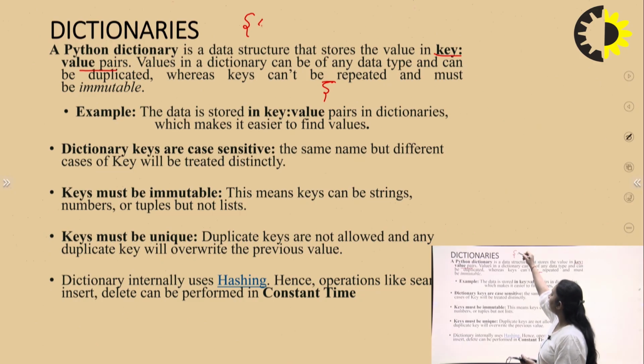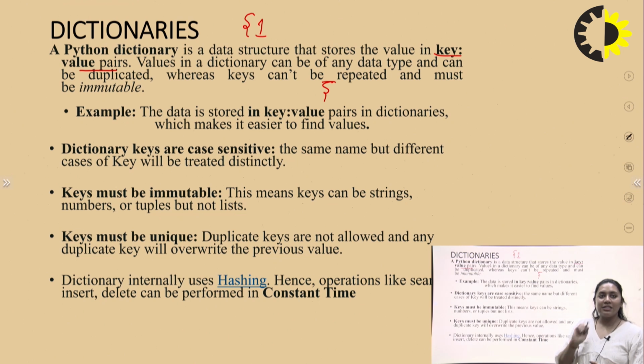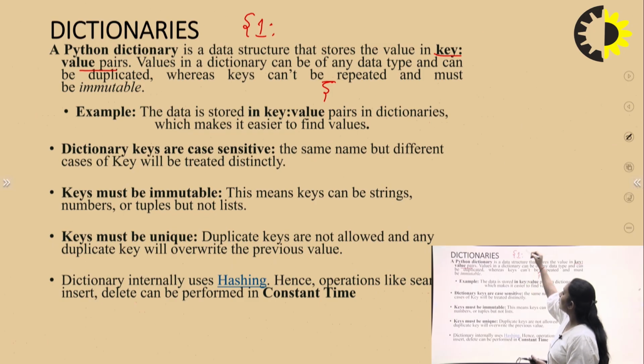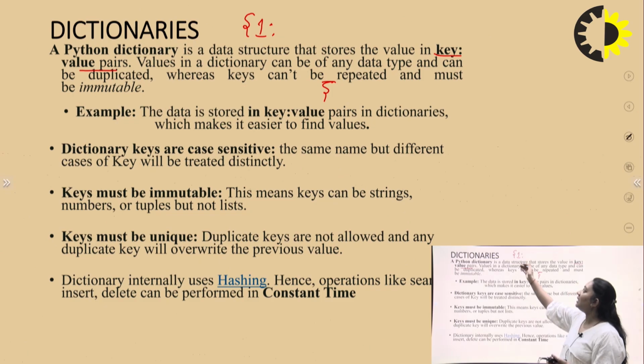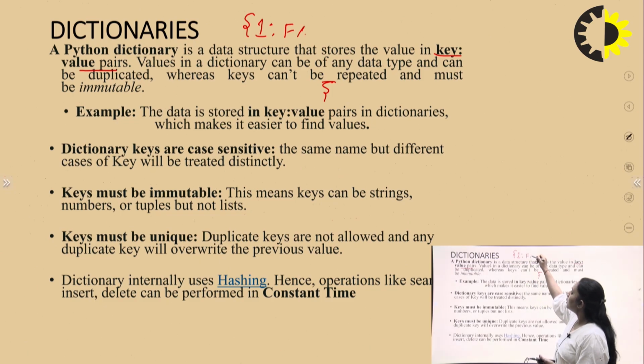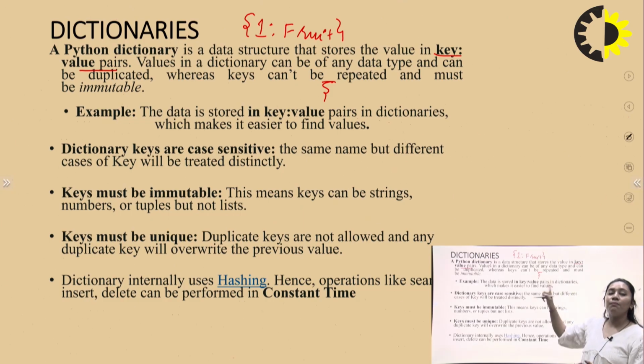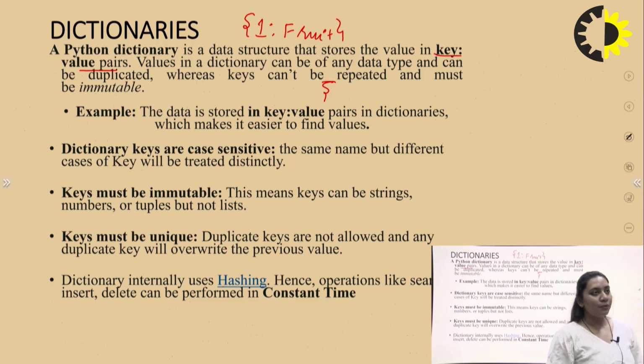For example, I defined an integer, 1, as the key in the dictionary, then a colon, and then the value. For example, 1 is for fruit. So this is the key and value pair, right?